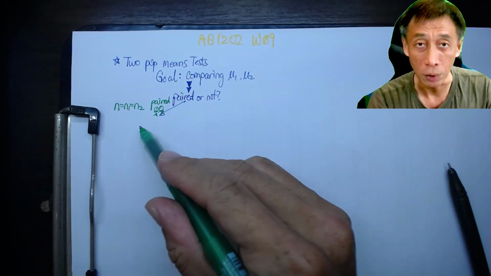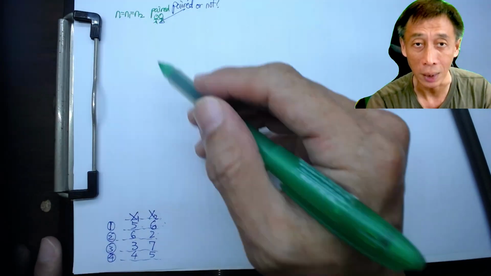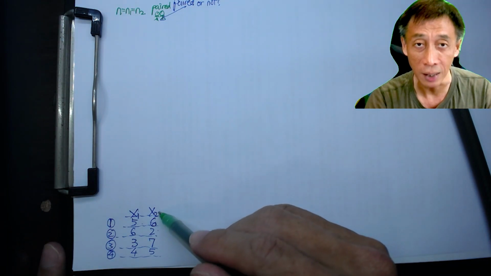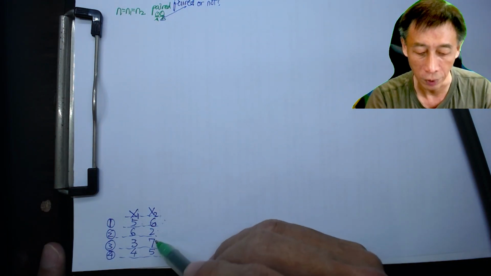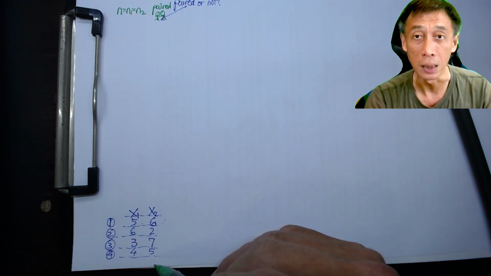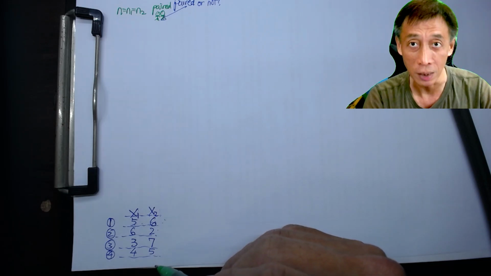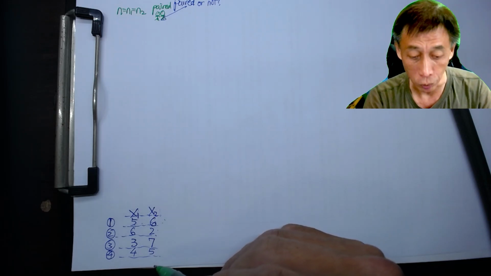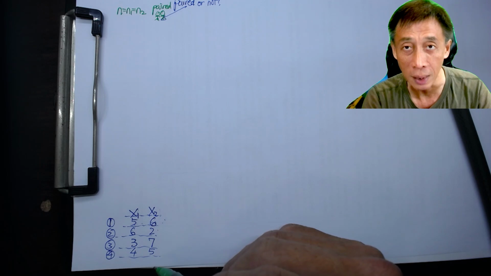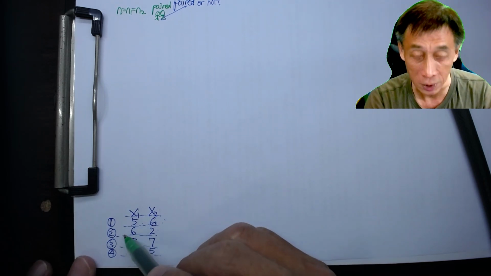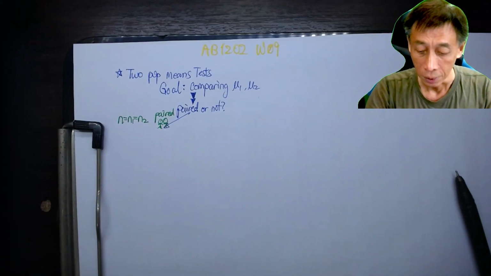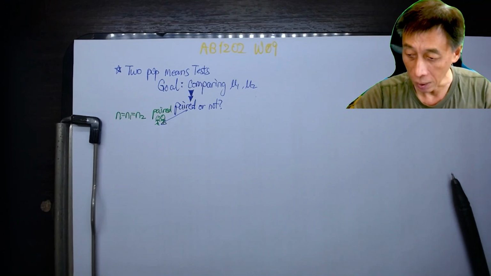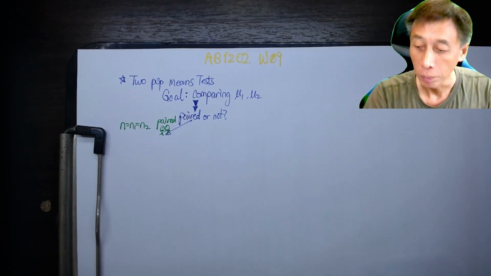Remember, n is your sample size. So if you look at my little example here, I've actually done 8 measurements. 1, 2, 3, 4, 5, 6, 7, 8, right? But in terms of the participation in the calculations, when you're doing paired two population means test, you only have 4 sample sizes. Okay, and n will be equal to 4.